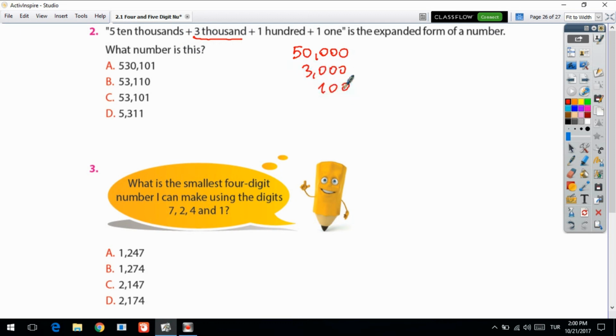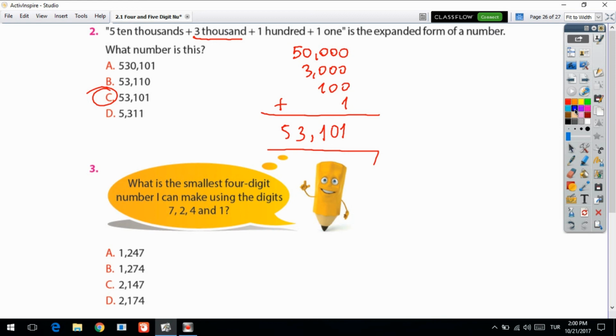Then 100 and 1, so 101. Okay, now let's add the number. 53,101. Is there any answer? 53,101. Your answer must be C. Now let's look at the last question.